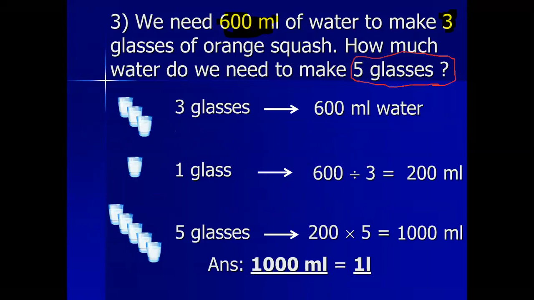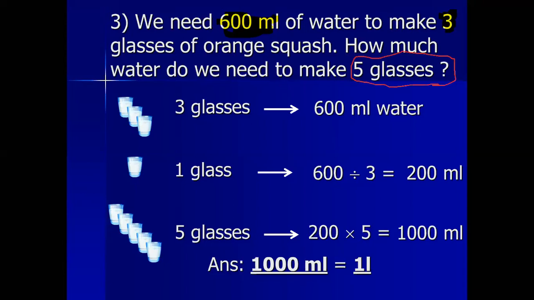Okay, now we need 600 milliliters of water to make 3 glasses. Right? Yeah, right. Okay. For 1 glass, how much? Divide 600 milliliters by 3. Right.